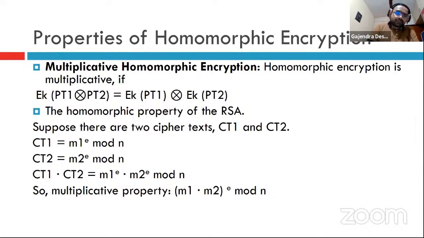So again, there are some identities here. So you have CT1 and CT2 as the ciphertexts. So it is equivalent to the plain texts, that is M1 and M2. So we'll see with an example in a later slide.